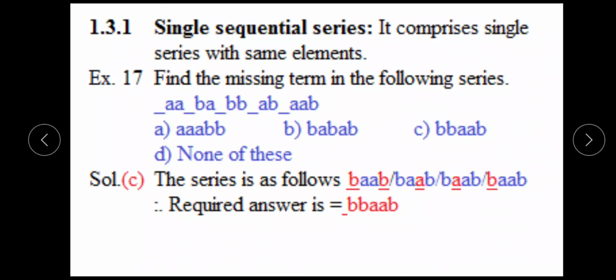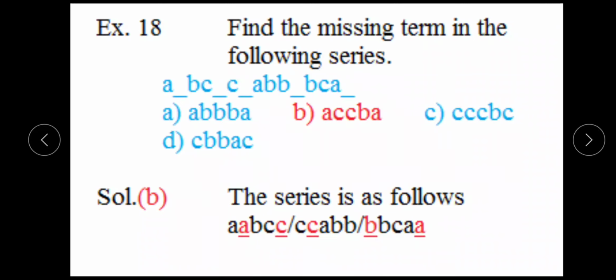It means to solve these types of questions, first we should count the number of alphabets. After counting, it is 50% solved. Then we solve the question by making groups: a 3 alphabet group, a 4 alphabet group, or a 5 alphabet group.